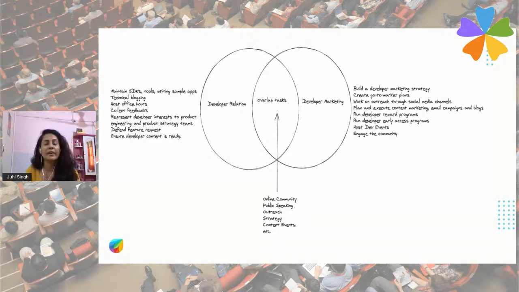Run developer rewards programs, so we can see more and more developers contributing to your community and platform. Run developer early access programs, host dev events, engage the community, and lots of other stuff.